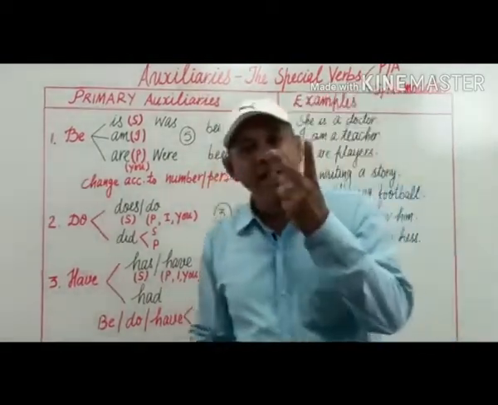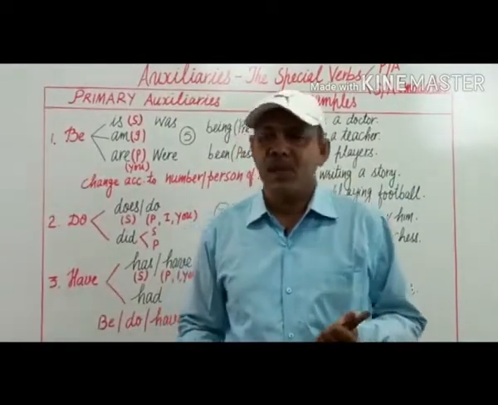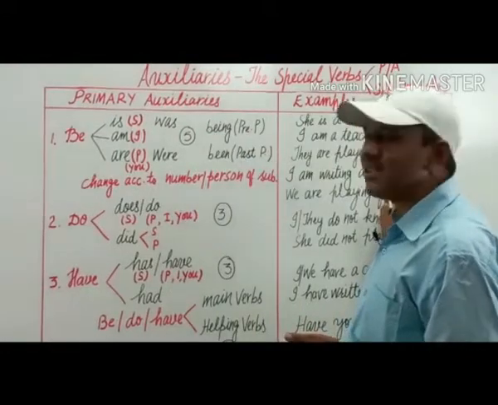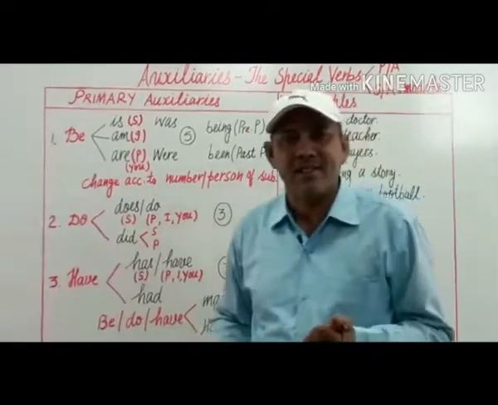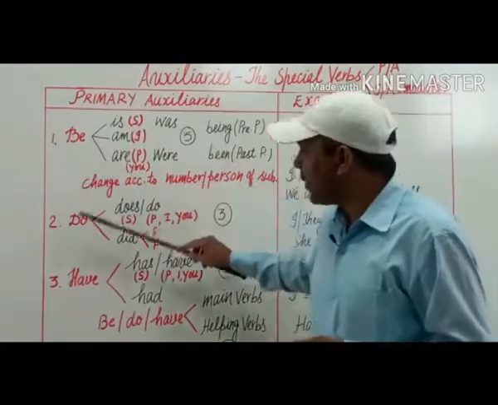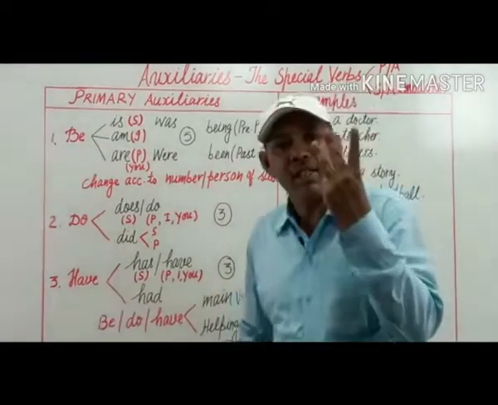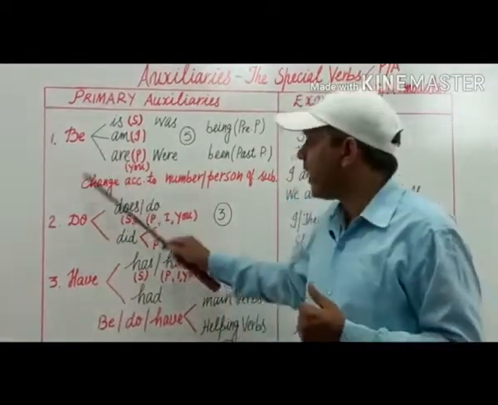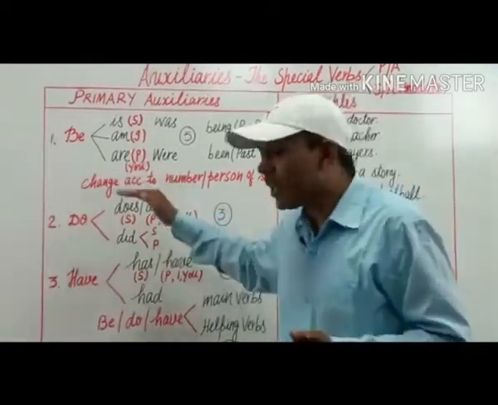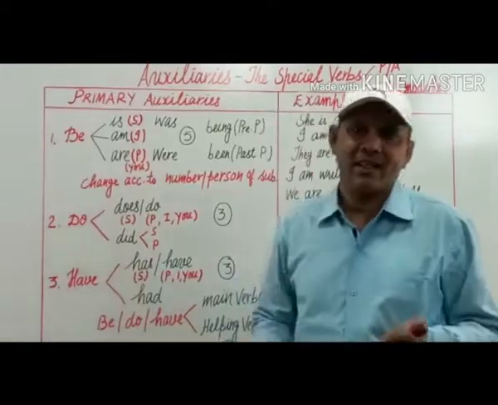Auxiliaries are basically of two types. First is primary auxiliary and the second is secondary auxiliaries. Primary auxiliaries: be, do, have. These three verbs are known as primary auxiliaries because they are used primarily.